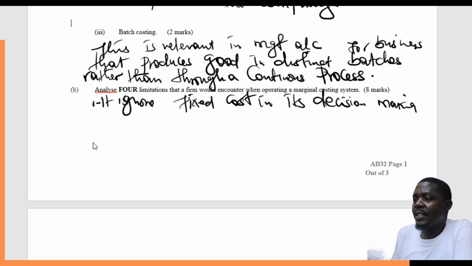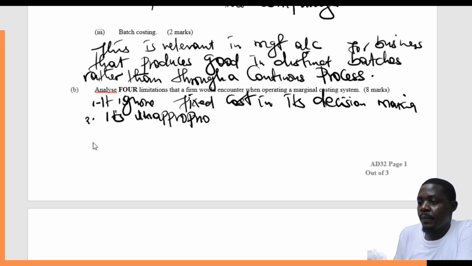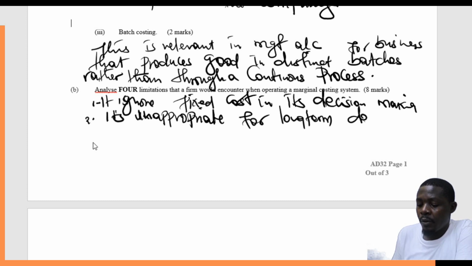Meaning, when we are making decisions, we only concentrate on the variable cost per unit. Number two, it is inappropriate for long-term planning.